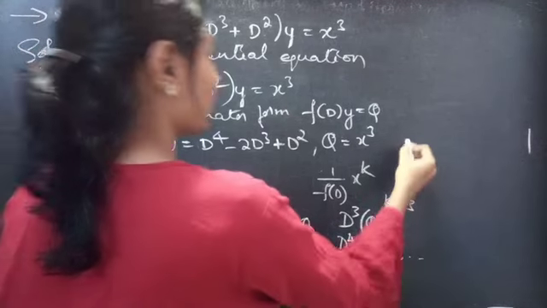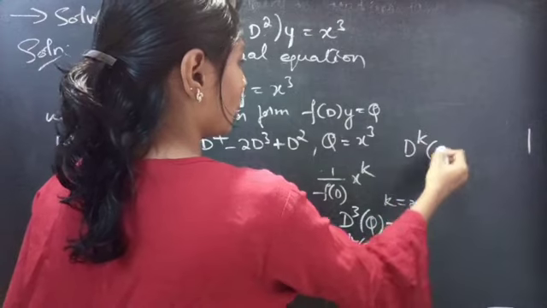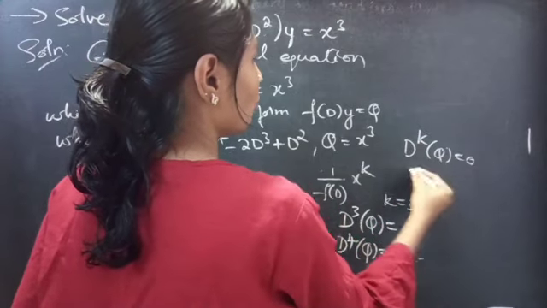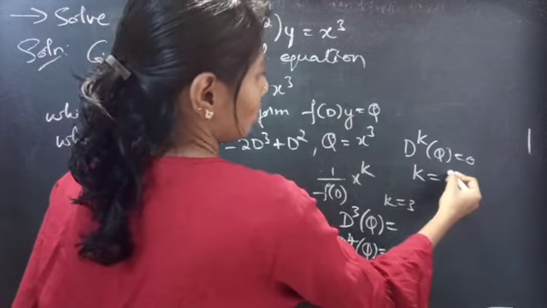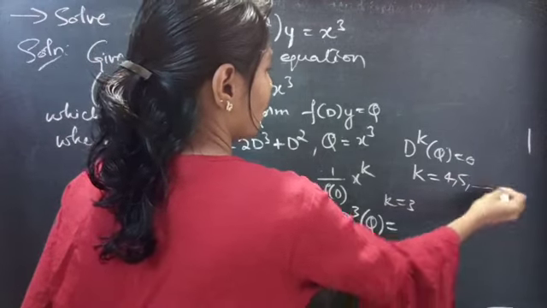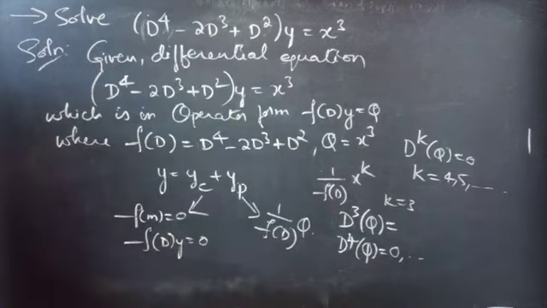Or you can say that D^k of Q equals 0 for k equals 4, 5 and so on. Let's see.